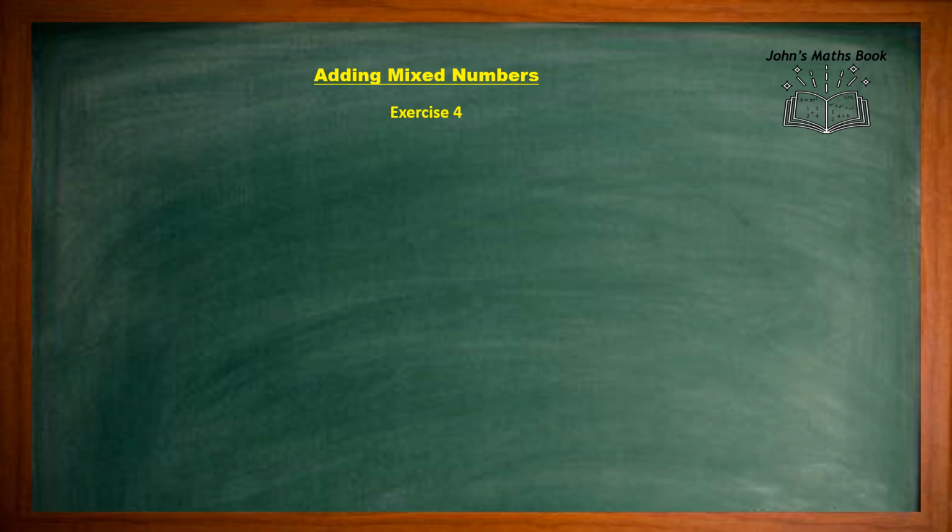So for exercise number 4, let's add 2 and 2/5 to 1 1/4. Pause the video now and see if you can work out the correct answer. So hopefully you got the correct answer.